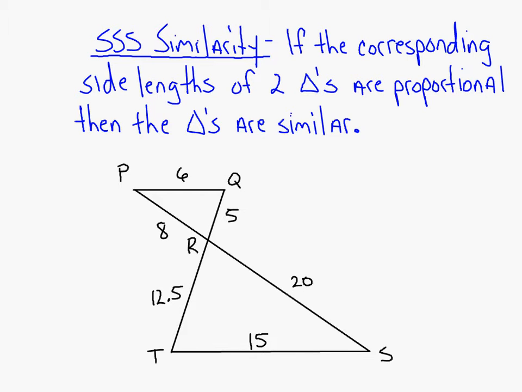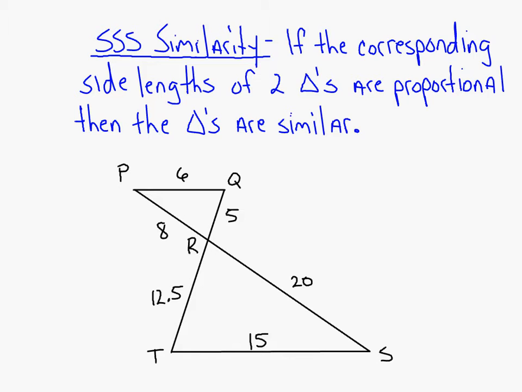All right, so using side, side, side similarity, if the corresponding side lengths of two triangles are proportional, then the triangles are similar. So let's write some scale factors and compare them, okay? If you don't know which sides correspond, then you start off with the length of the sides.